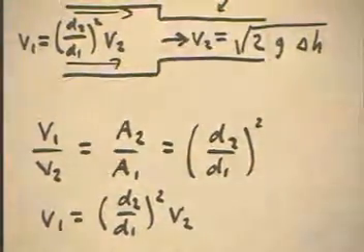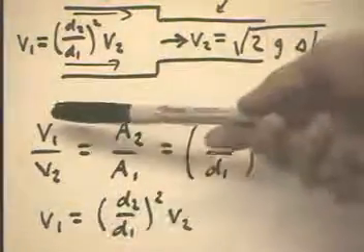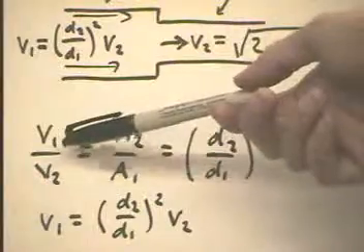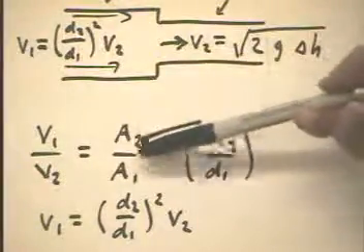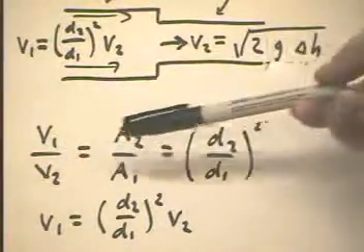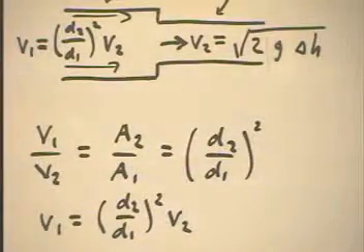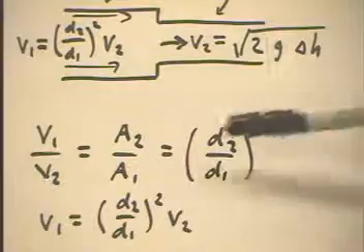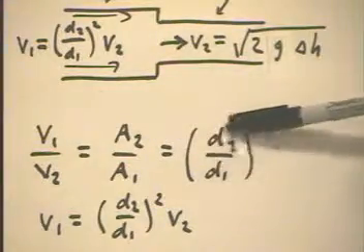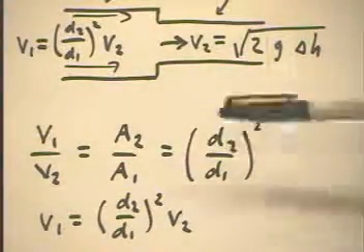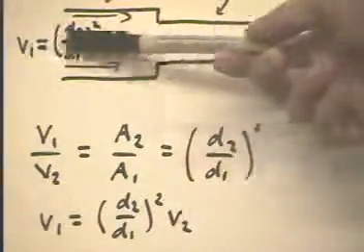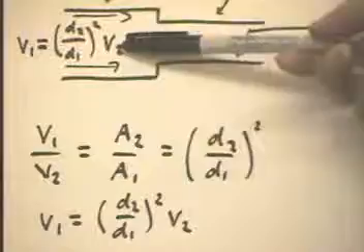And of course we can set that up with the continuity equation. These are supposed to be velocities, not volumes. From the continuity equation we can get V1 over V2 equals A2 over A1. The ratio of the velocities is inversely proportional to the ratio of the areas. The ratio of the areas is just the square of the ratio of the diameters, and we get the equation that we used up here.